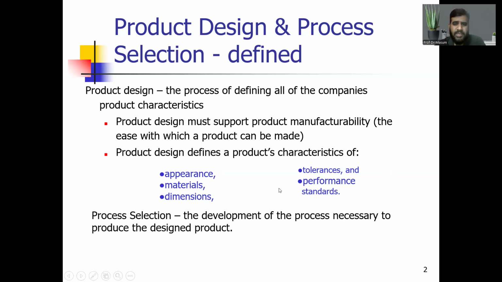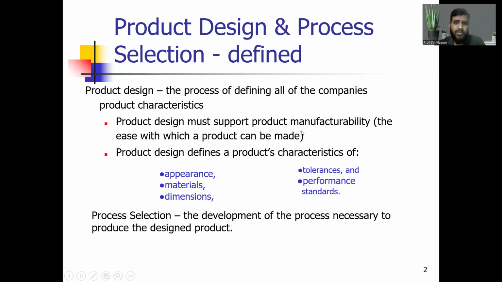So these are ultimately the characteristics of any product that you have to consider while you are designing the product. Product design is the process of defining all the company's product characteristics.